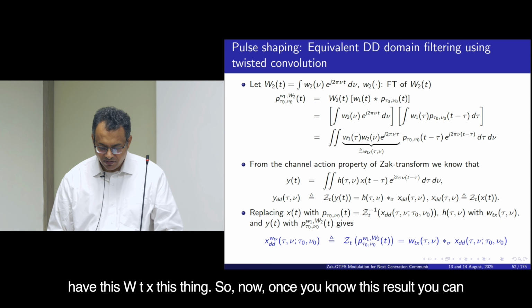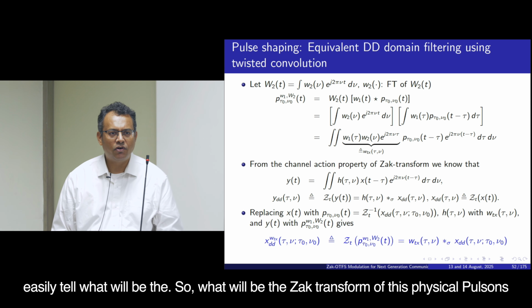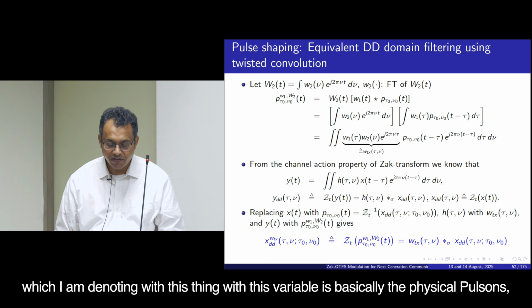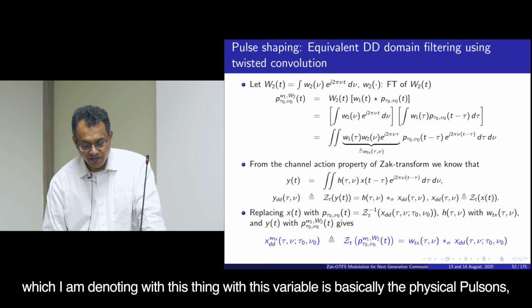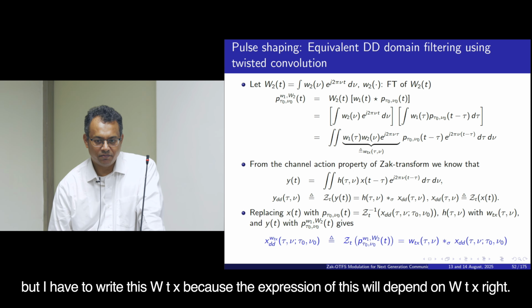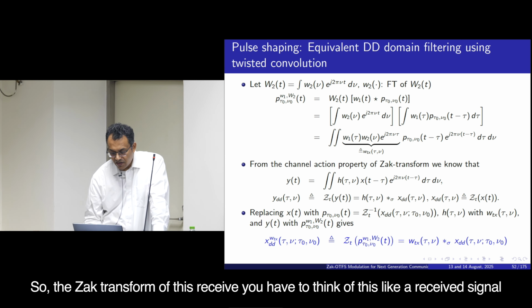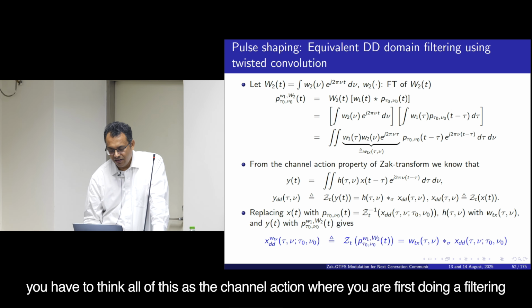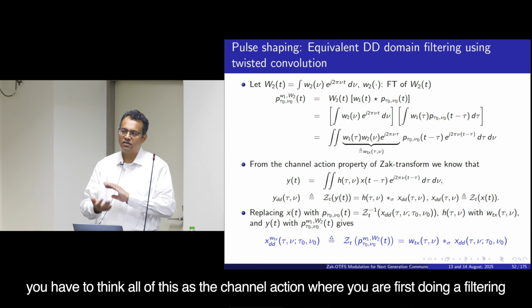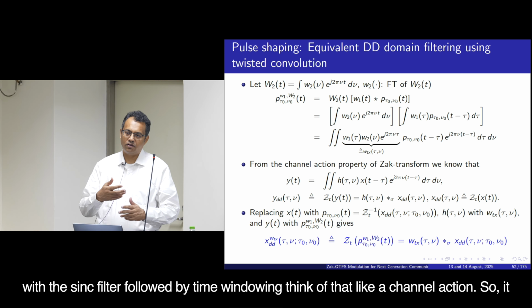So now once you know this result, you can easily tell what will be the Zak transform of this physical pulson, which I am denoting with this variable. It is basically the physical pulson, but I have to write this W_Tx because the expression of this will depend on W_Tx, right. So the Zak transform of this, you have to think of this like a received signal, you have to think all of this as the channel action, where you are first doing a filtering with the sinc filter followed by time windowing.